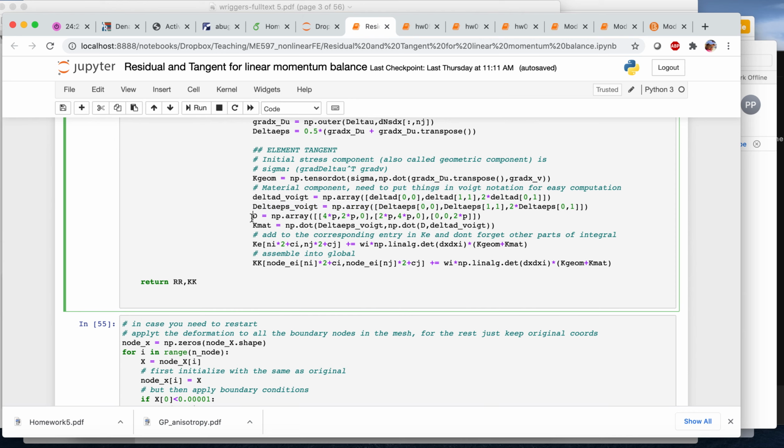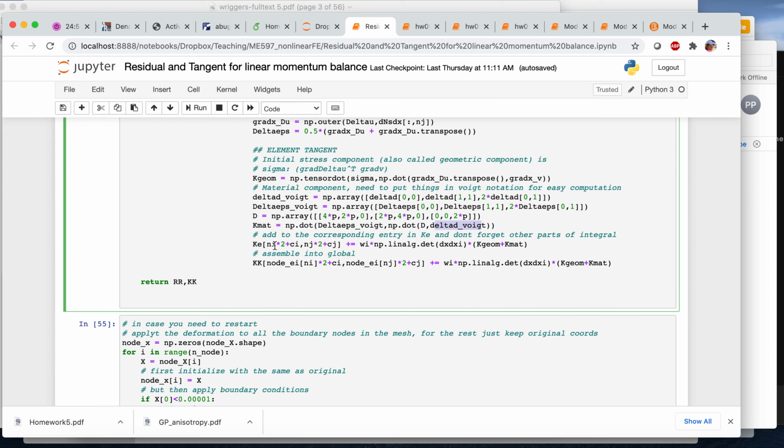And this is the D matrix that you can see above. And so the material tangent is the dot product of the delta epsilon, the increment of the strain, times the matrix D times the Voigt form of the symmetric velocity gradient.